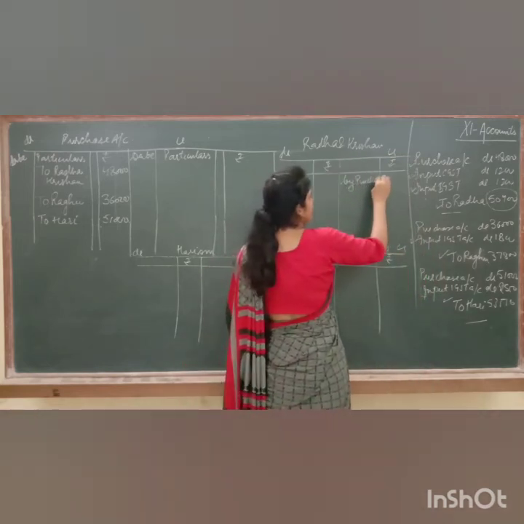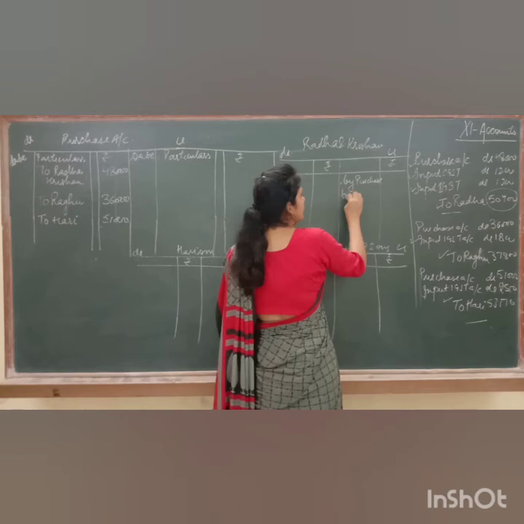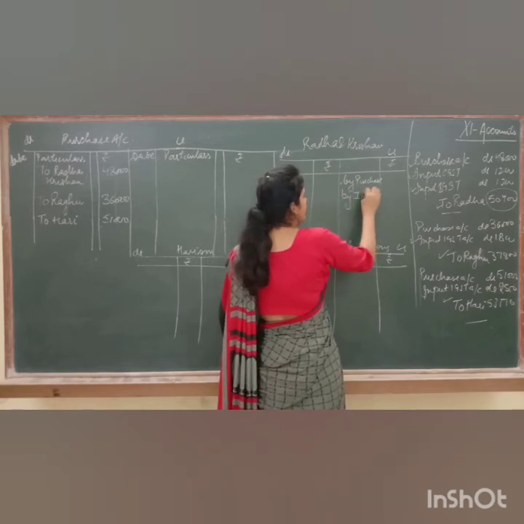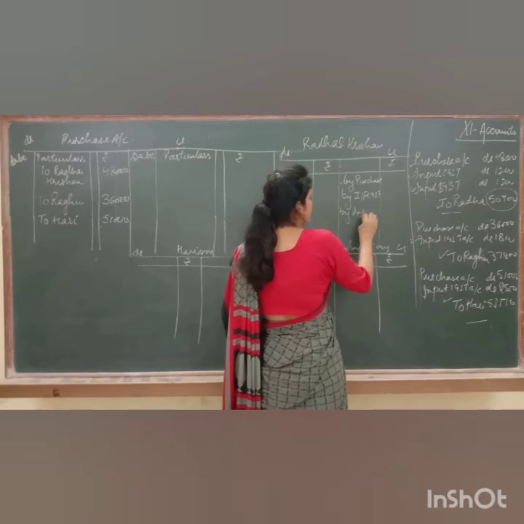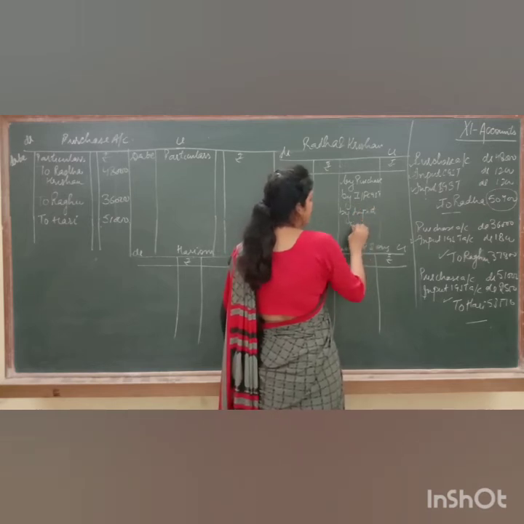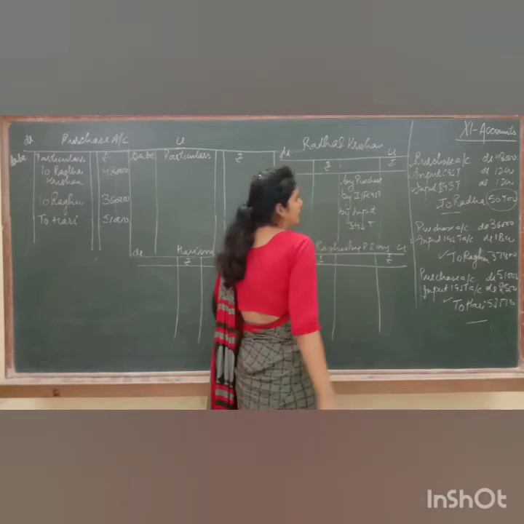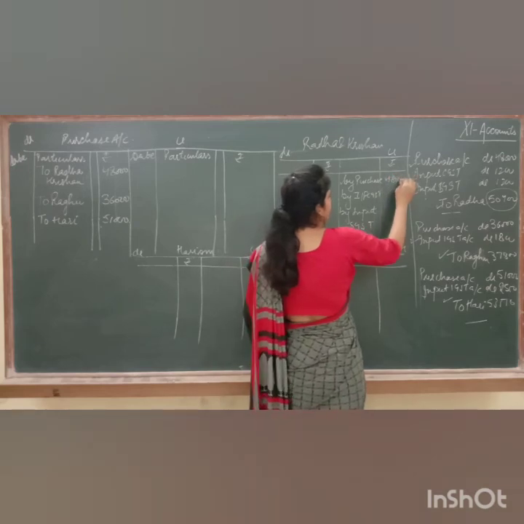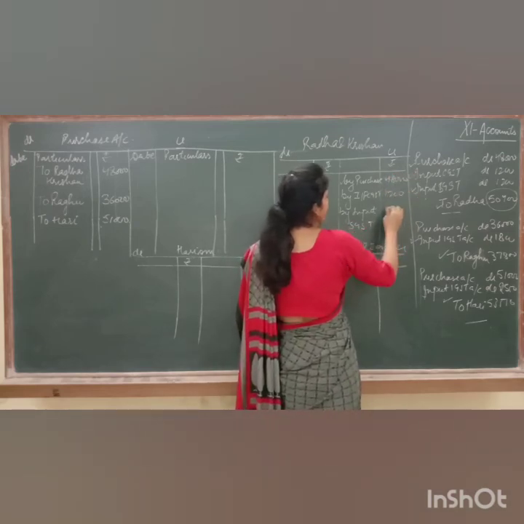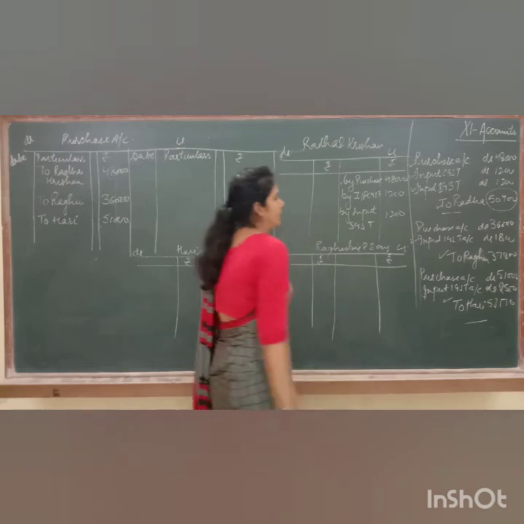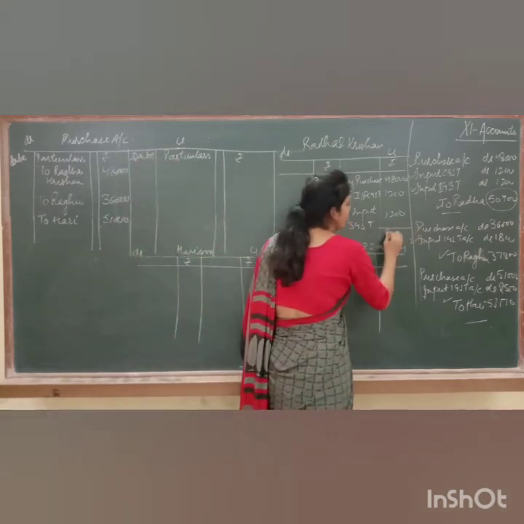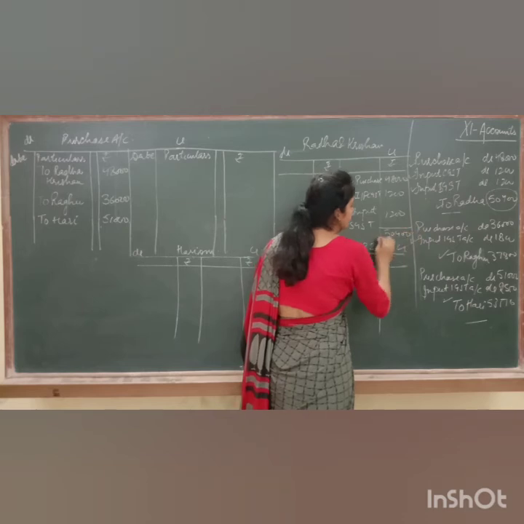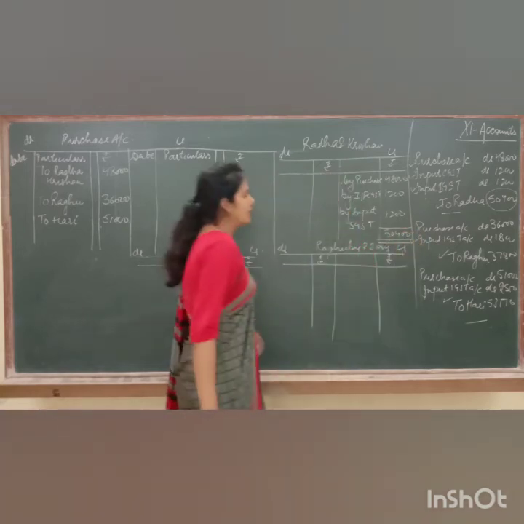By purchase, by input CGST, by input SGST. That way. Right here 48,000, 1,200, 1,200. Got it? And then balance. We have to do its balancing because Radha Krishna and Sons is a personal account.